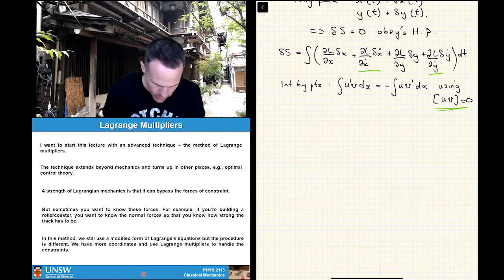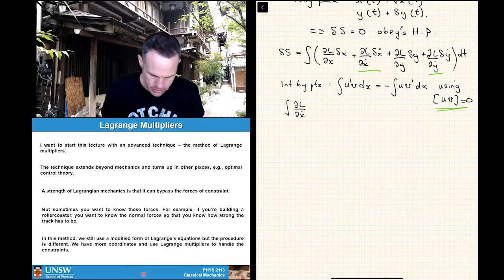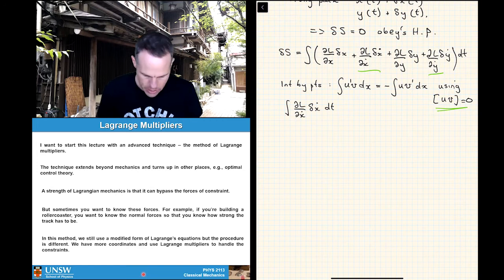And so just to highlight what it's going to look like for the second term, what we would have is dl on dx dot delta x dot dt would become minus integral, okay, this is good.